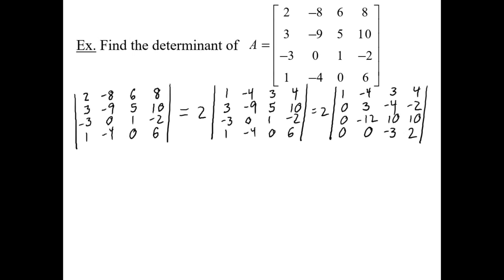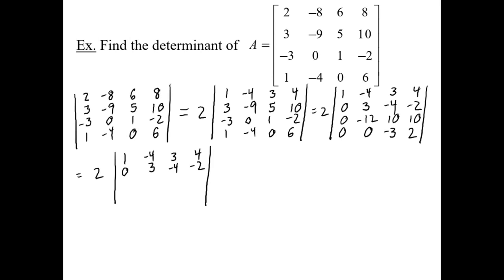Let's see here. So I'll leave that 2 there. 1, -4, 3, 4. Now, part of me is tempted, and I'm going to leave the second row also the way it is. Part of me is tempted to take the third row and divide by 2 just to get smaller numbers. But you know what?